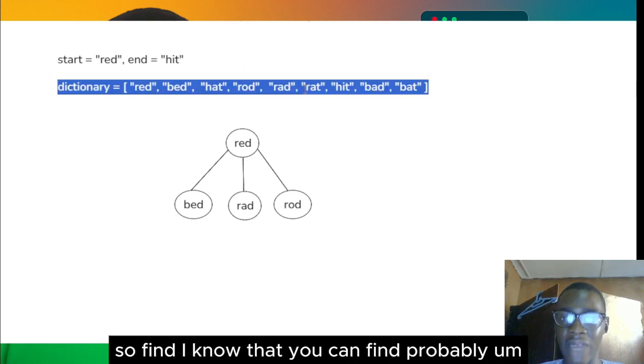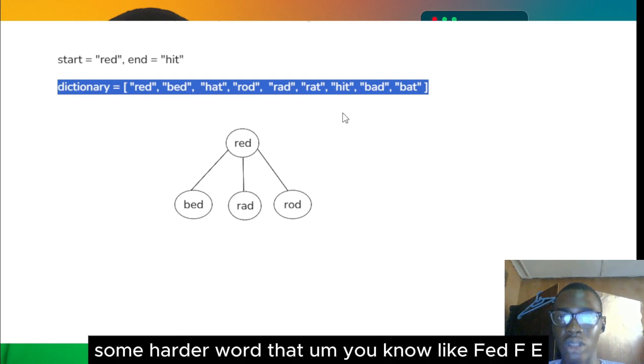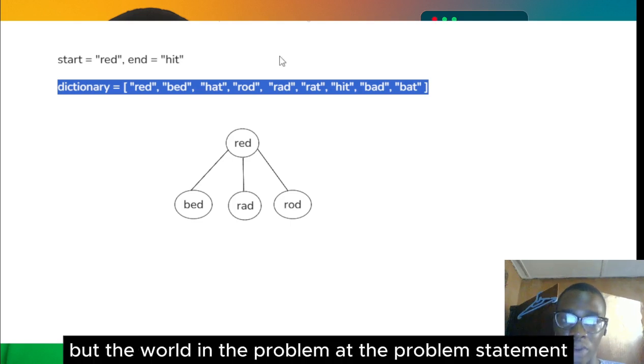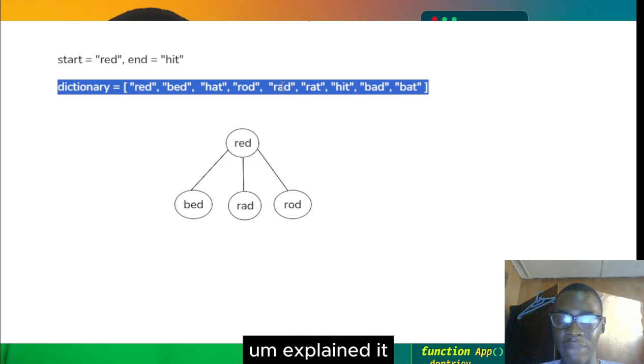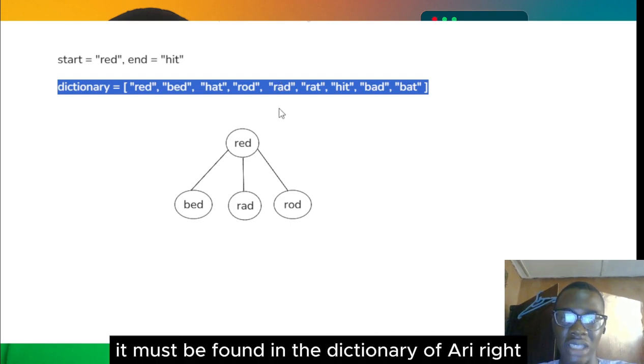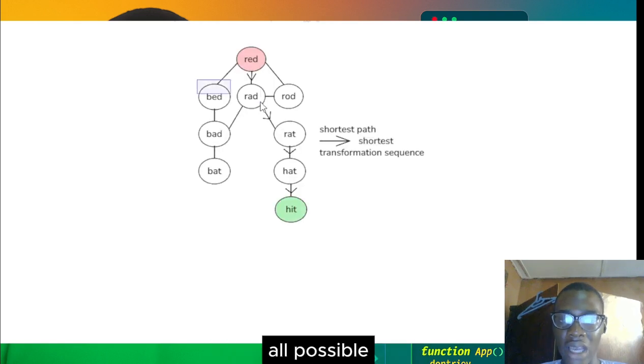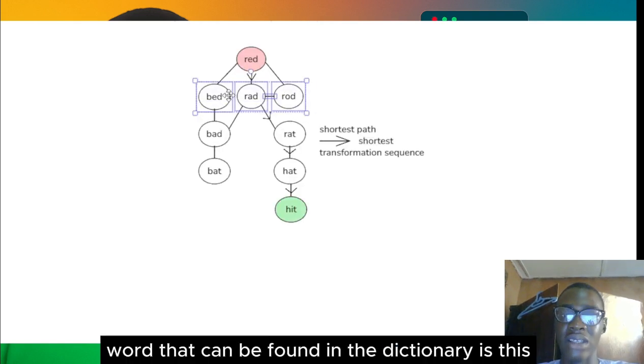Fine, I know that you can probably find some other word like fed, but the problem statement explains that the word must be found in the dictionary array. Because of that, all possible words that can be found in the dictionary are these three.